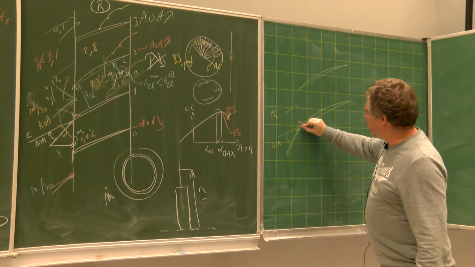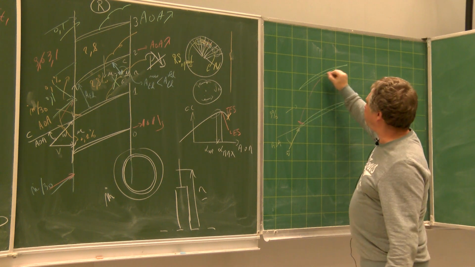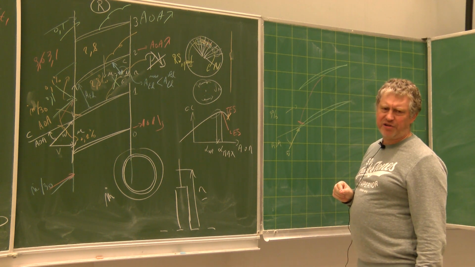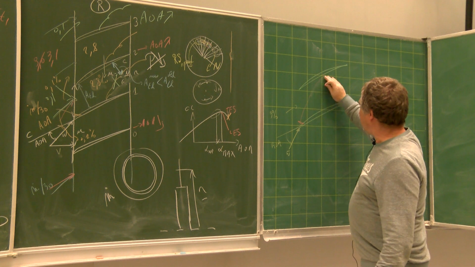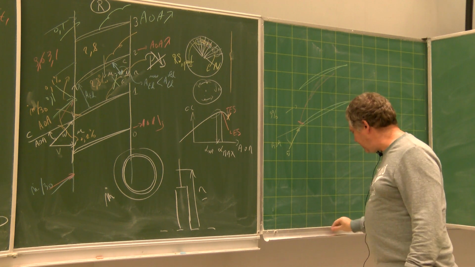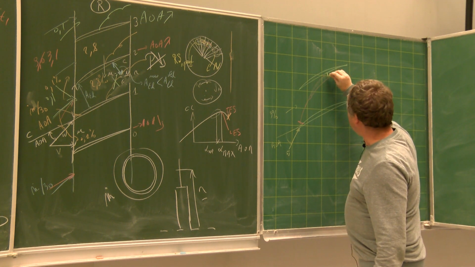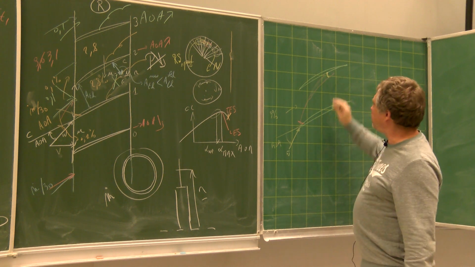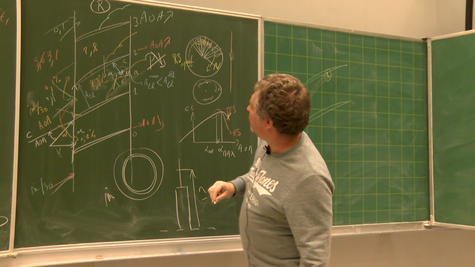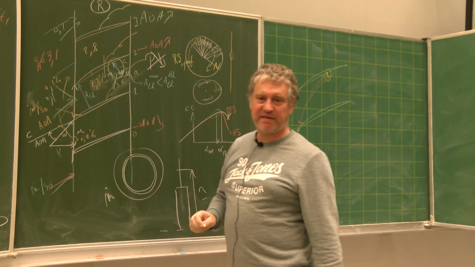At that time, the blade is separating from the leading edge. And you see, if the blade is separating from the leading edge, the throat will become much smaller than, where was that? Here, in this case.